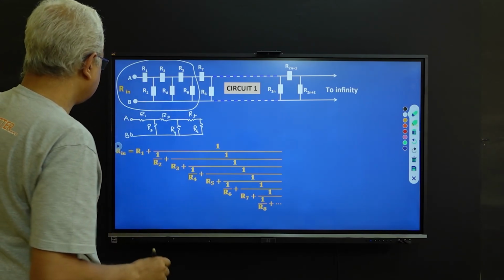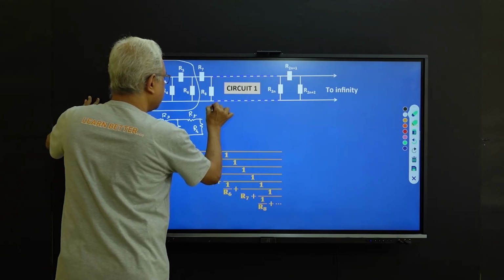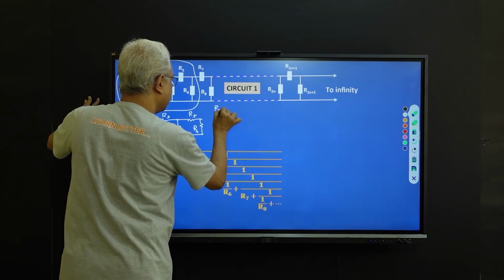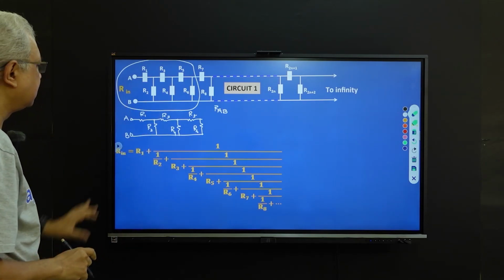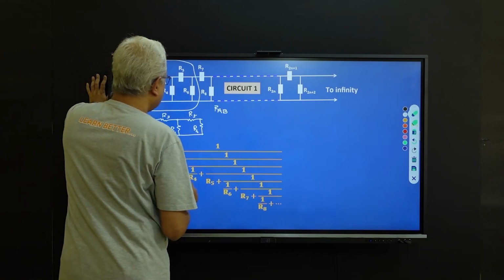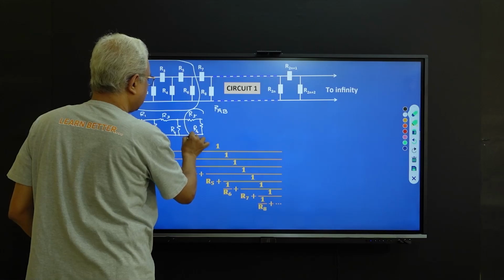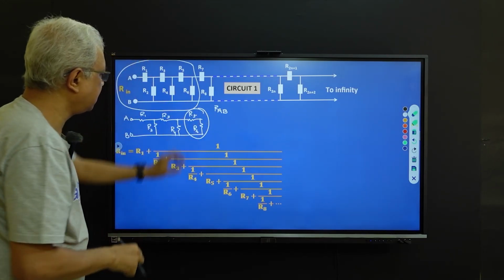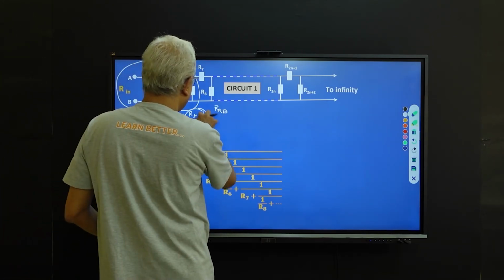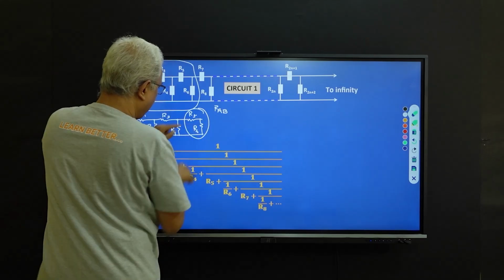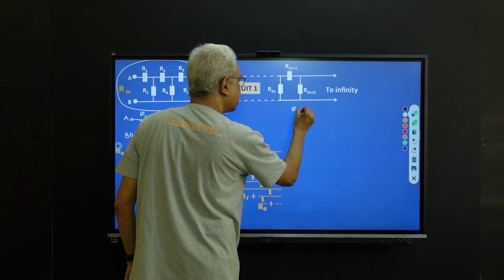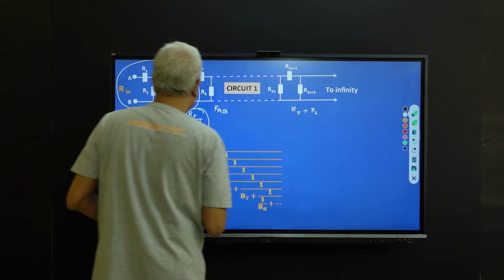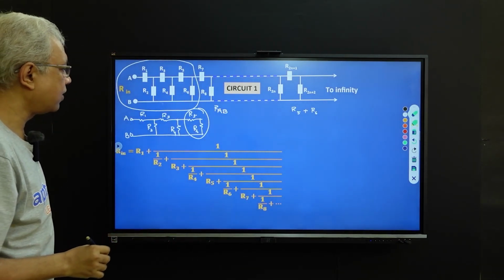In this case, let RAB be the equivalent resistance between points 1 and 2 on this side. Now, how can RAB be calculated? First, we consider these two elements, these are in series. So the equivalent resistance of this combination R5 and R6 is R5 plus R6. Now, this is in parallel with R4.